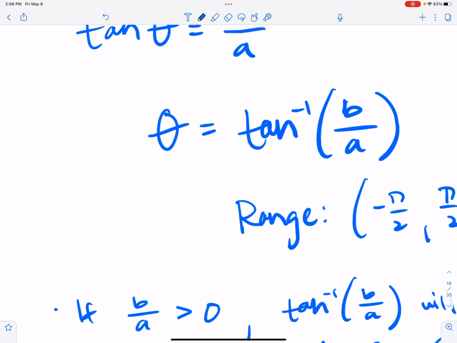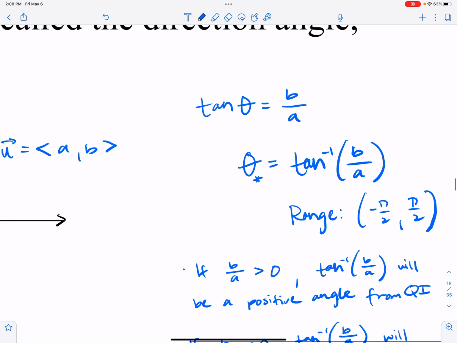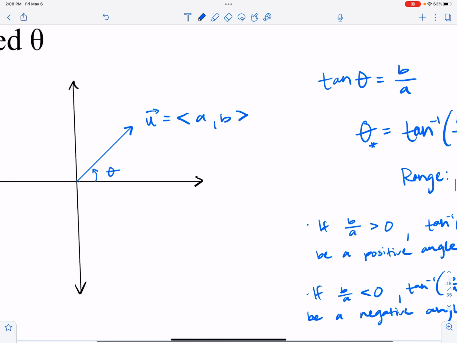So I like to call inverse tan of B over A theta star. It's not very technical, but I like to call it theta star. So I figure out inverse tan of B over A, I think about what that angle represents, and then if the vector in standard position terminates in another quadrant, I decide what I need to do to inverse tan of B over A.